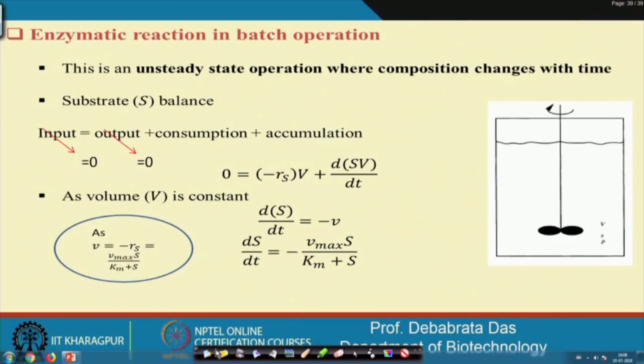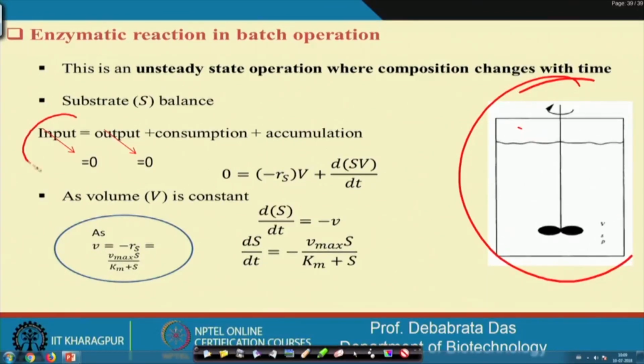Now I told you, when you do any kind of reactor analysis, we use a formula. What is this formula? Rate of input equals rate of output plus rate of consumption plus rate of accumulation. Here, in case of a batch process, there is no input and no output, so we can write this equal to 0 and this equal to 0.